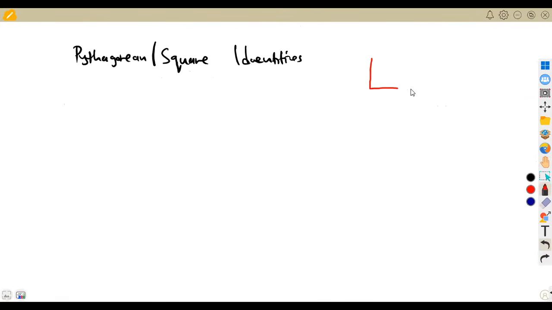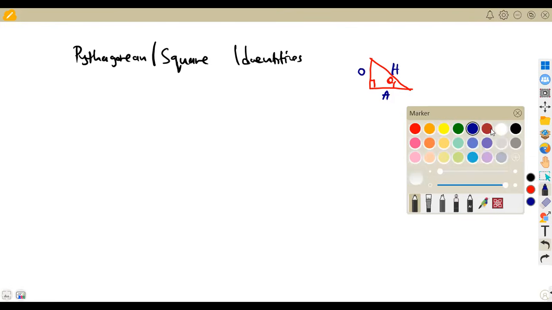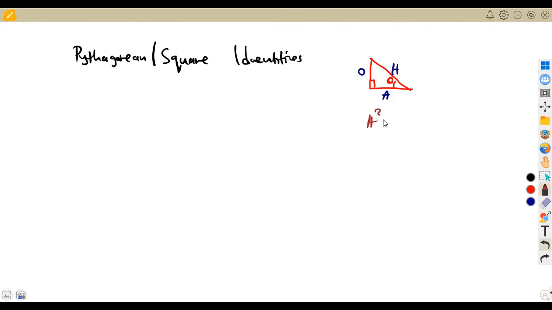According to the angle theta, we are going to have the sides, this one adjacent, this one opposite, and this one being our hypotenuse.